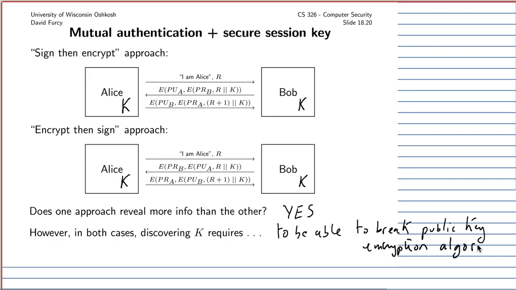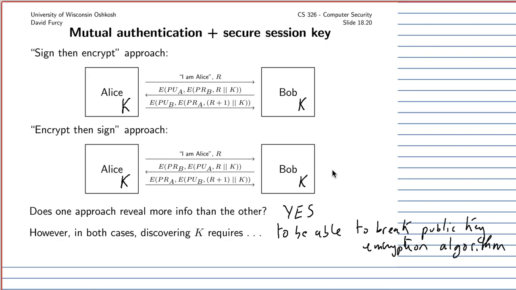And at this point, this is not known to be possible. So even though this appears to reveal more information, as long as public key encryption is unbroken, these two protocols should be as secure as the other.